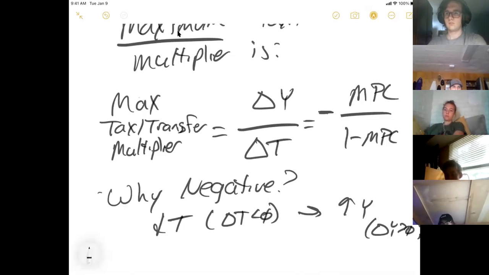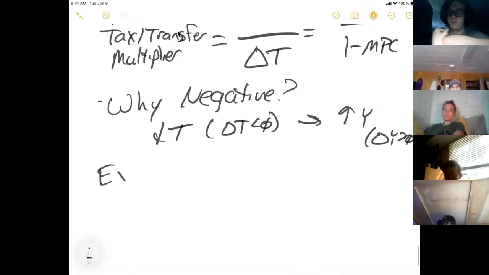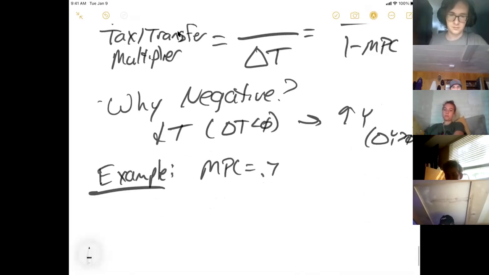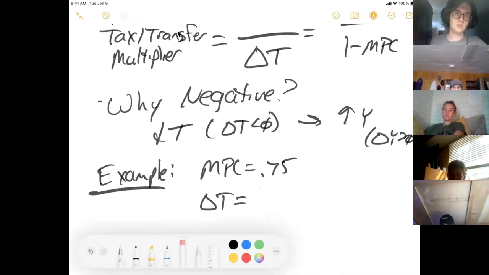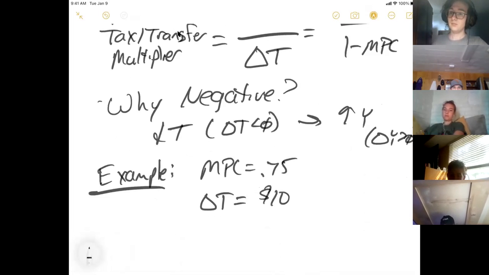You have to be careful and think about this clearly so that you know which way the government is changing output. So in this example, remember the MPC is equal to 0.75, and we gave people a transfer of 100 billion, which is like a tax cut of 100 billion, right?